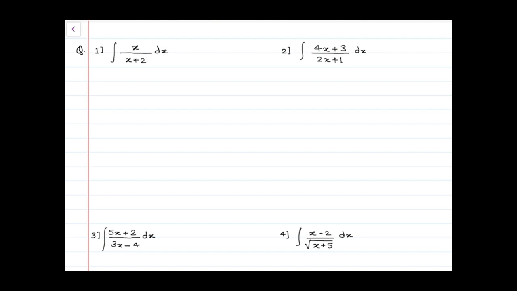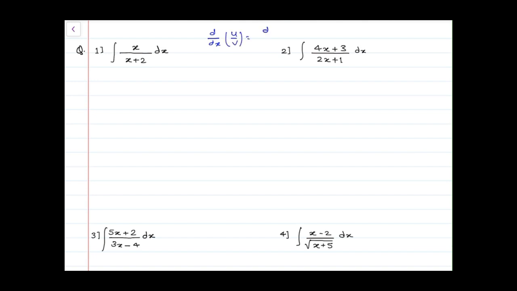We had seen for the differentiation part, if you remember, we had something like differentiation of u upon v, right?